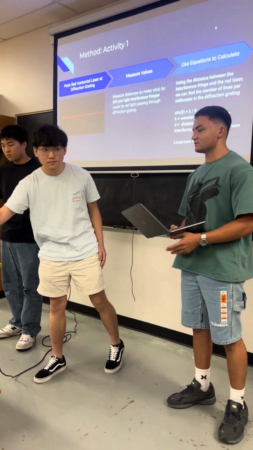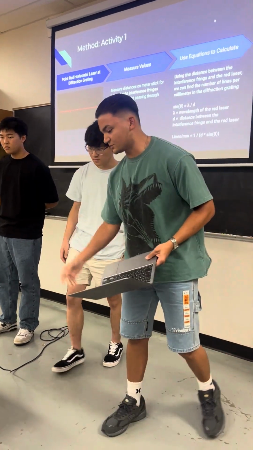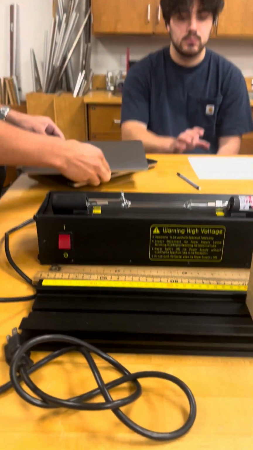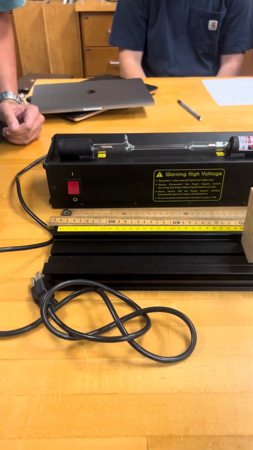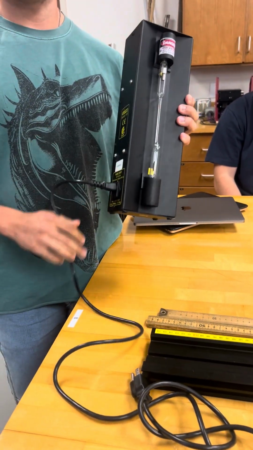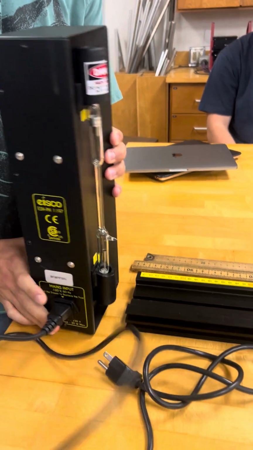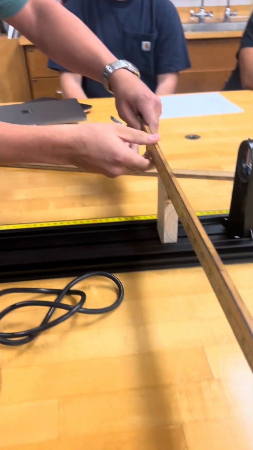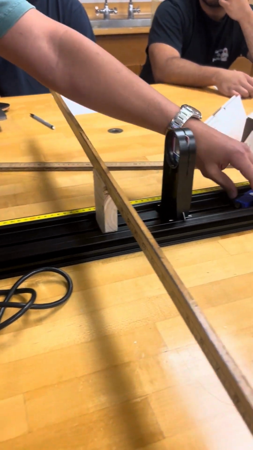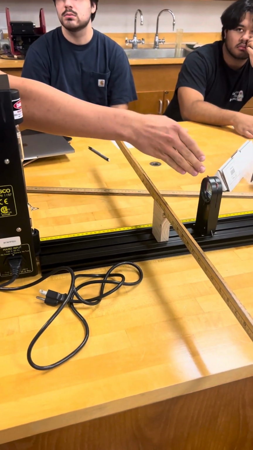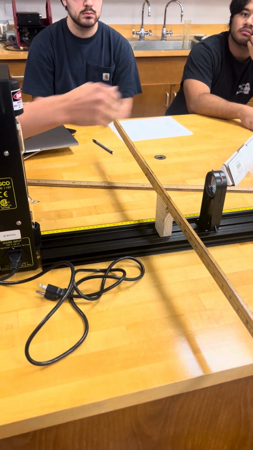So I guess we can use the camera to show how we set it up. This is the first activity. This is the power supply with the hydrogen tube in it. So we would just have it centered like this. You'd have your meter stick on top of your wooden holder here, and then you would shine this red laser through the diffraction grating to see where it's going to deflect the red wavelength.